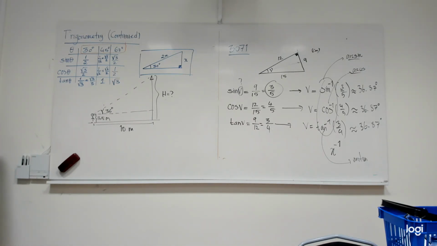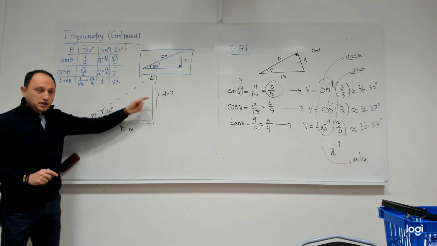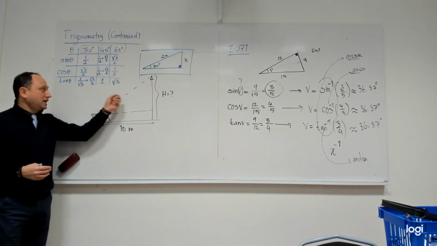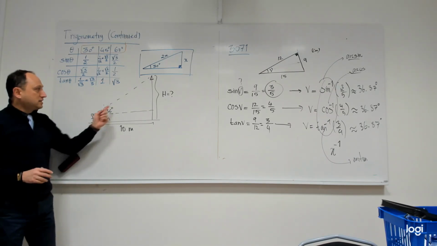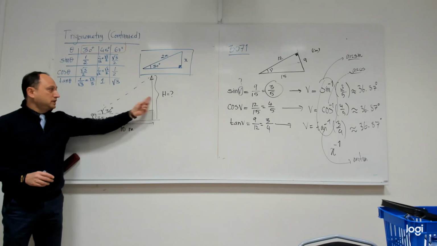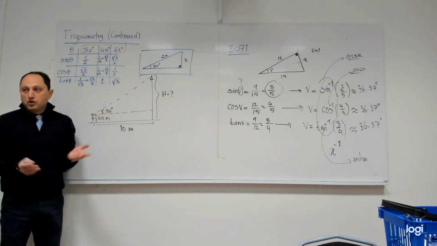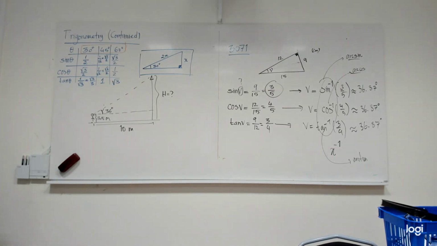Why is tangent suitable? Because what I want to know is the opposite. What I have is the adjacent. Do you understand? I do not have any information about the hypotenuse right now. What I need is something opposite to the angle, and what I have is the adjacent one. So I don't need to think about sine and cosine. Which one do I choose? I will choose the tangent.